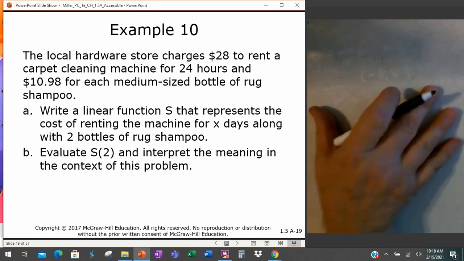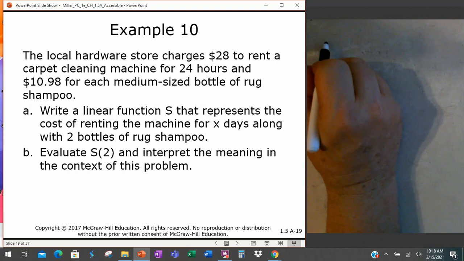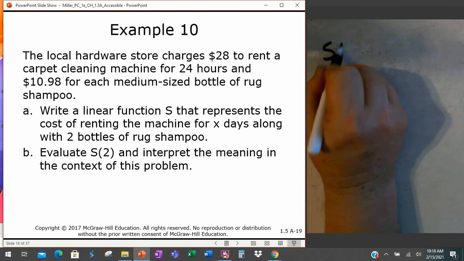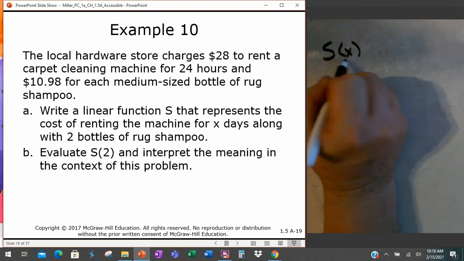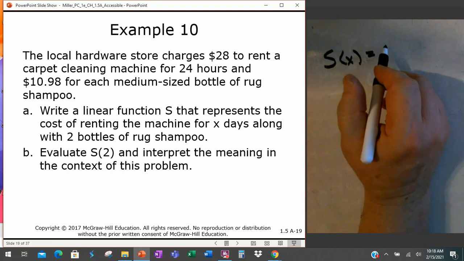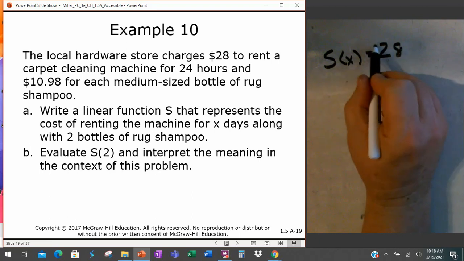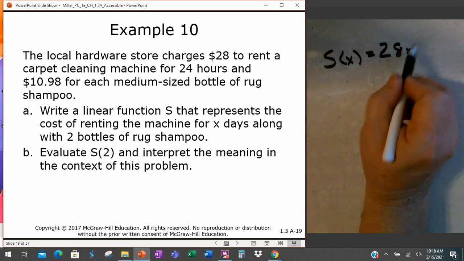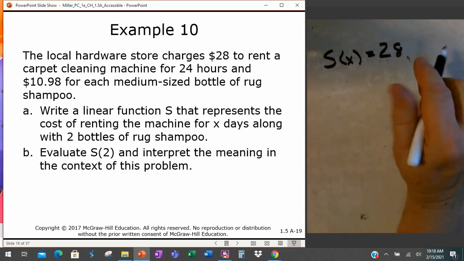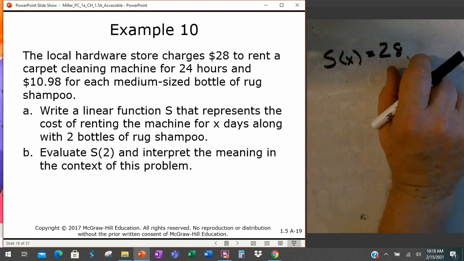So I'm going to do, here is my first. In x days, S is a function of x. I'm going to write some linear function. And then $28 times x, I'm just going to write it 28x, for 24 hours. So this is 1 day.